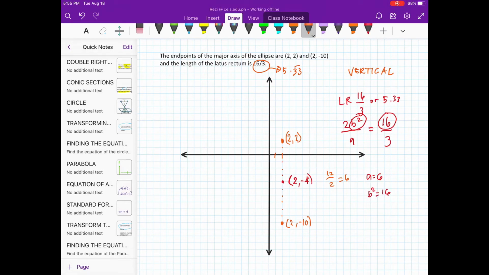If this is vertical orientation, the formula we're going to use is this. So if this is not from the origin, it is an example of the shifted ellipse. Let's use this formula.